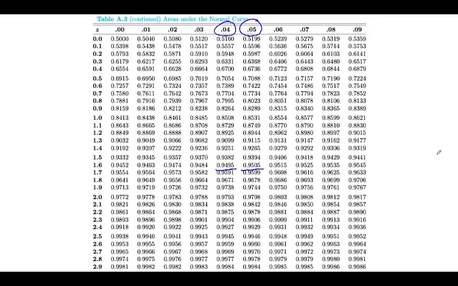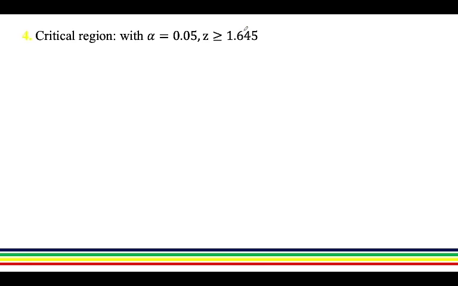The z that we are looking for is equivalent to 1.645. And since our hypothesis is stated as mu1 minus mu2 is greater than or equal to a certain value, then we have to put it as z is greater than or equal to 1.645.